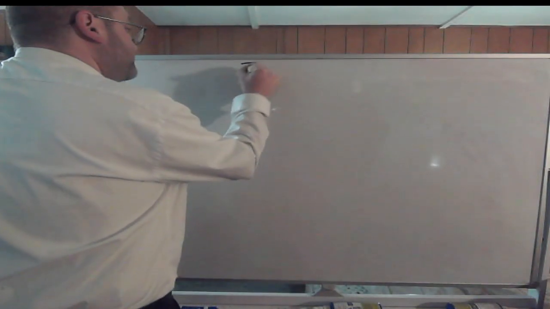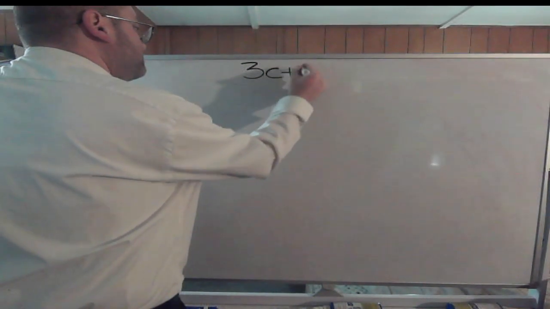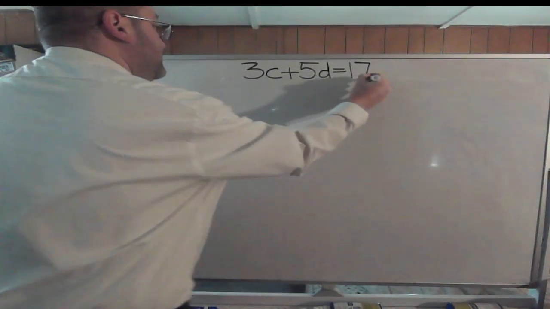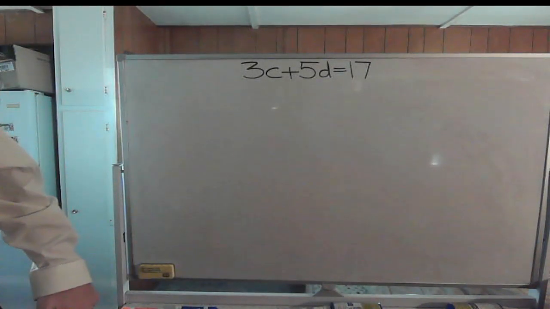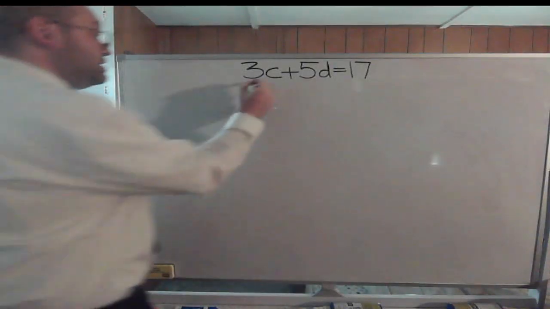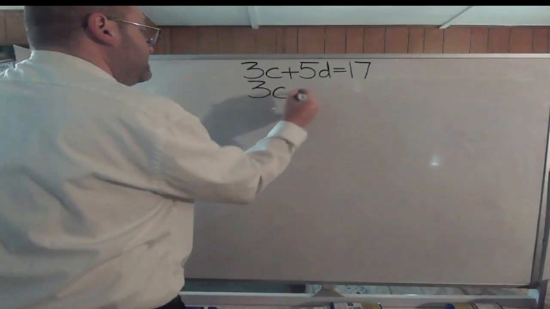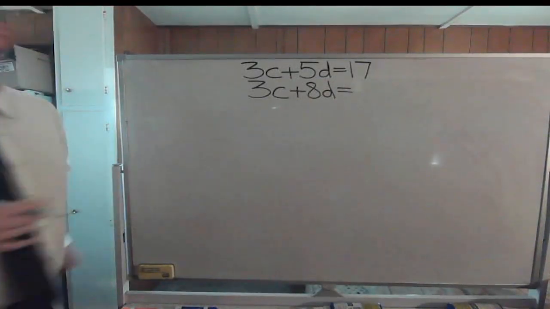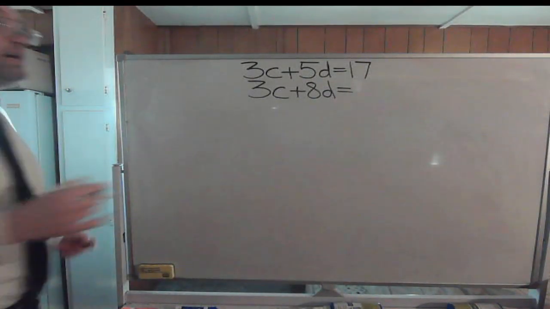Let's see, we have 3c plus 5d equals 17. Then we have 3c plus 8d equals 5.